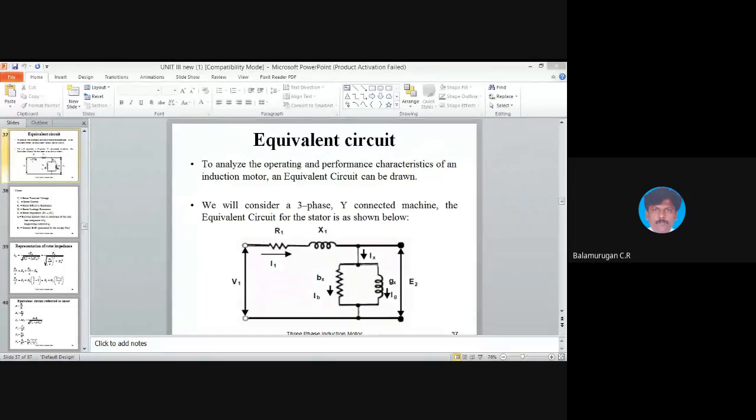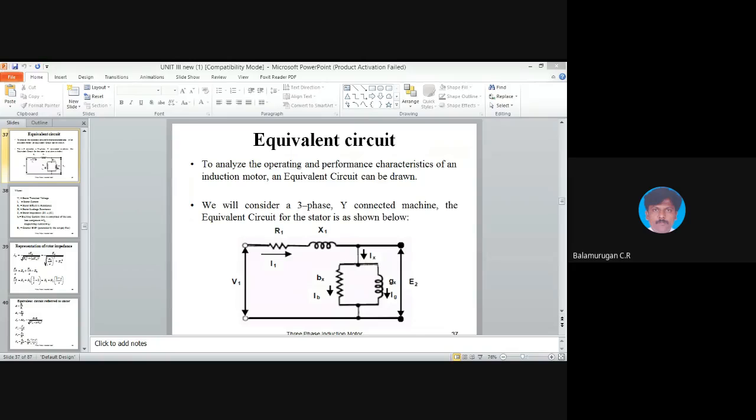In the case of DC, we have an output power equation. Generally, the output power we express as 2 pi NT by 60. With reference to this equation, you can write the mechanical power developed as 2 pi N TG divided by 60, where PM represents the mechanical power and TG represents the gross torque developed by the induction motor.